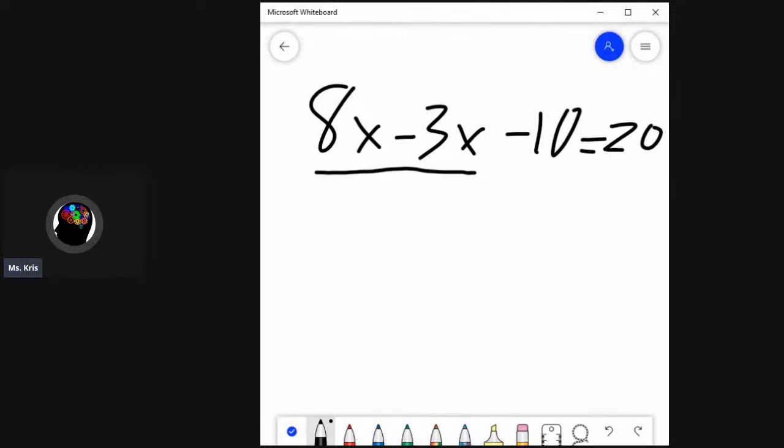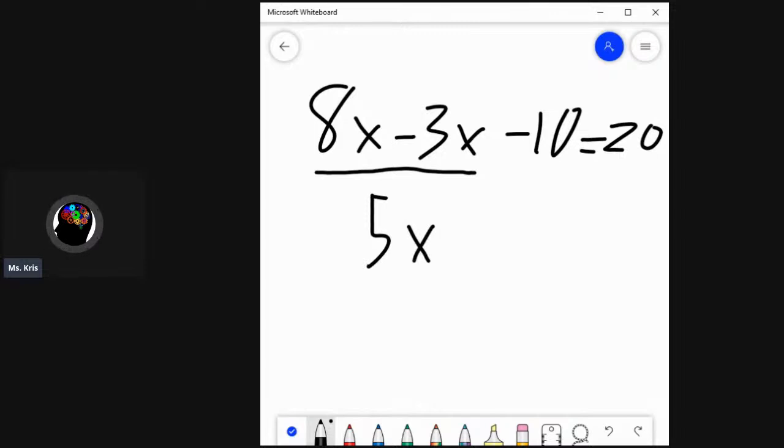Now, if this was 3x squared, you cannot combine them because they must have the same degree or same lettering in order for you to add and subtract them from each other. So now, 8x minus 3x will give me 5x.